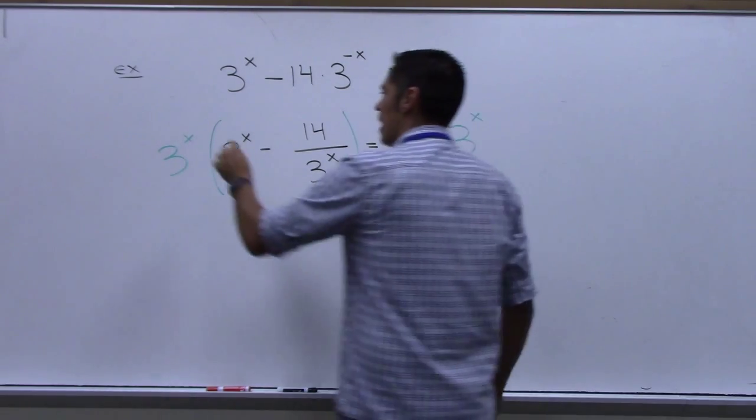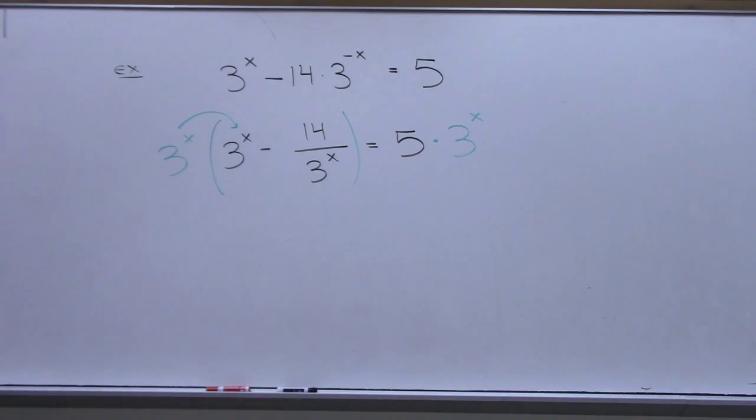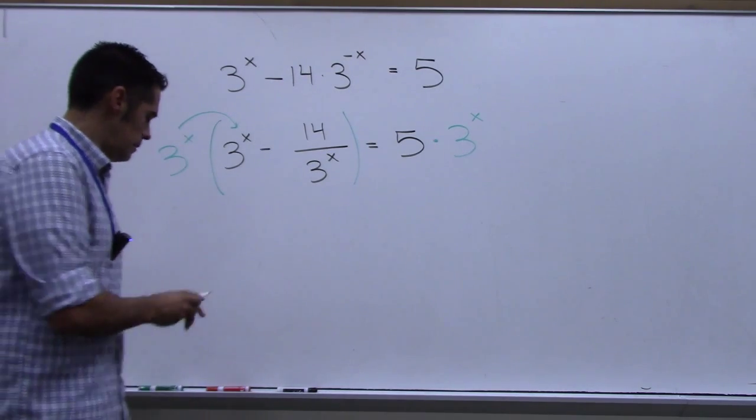What is 3 to the x times itself? 3 to the x times 3 to the x. Isn't that 3 to the x squared? Yes? This is 3 to the x squared.